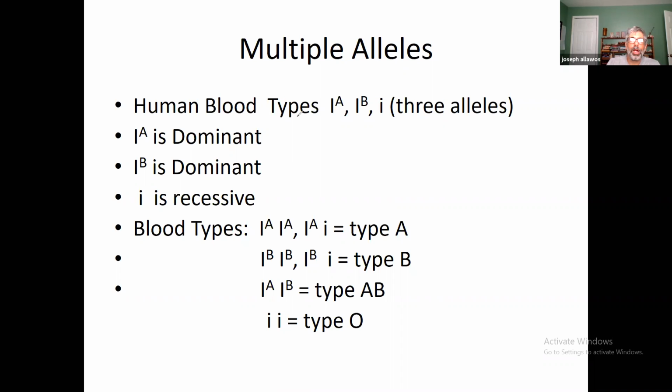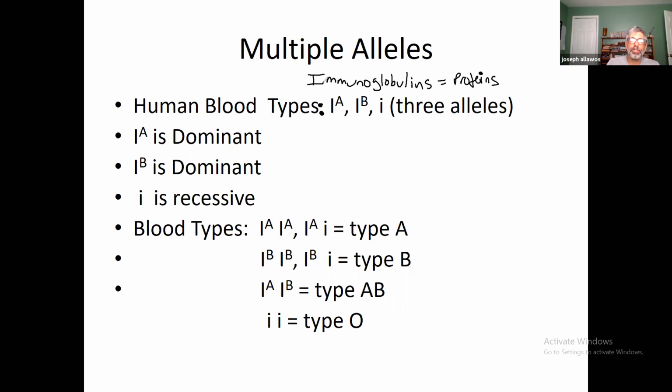Human blood type is probably the greatest example of that I can think of, where there are 3 alleles. I'm just going to tell you the I stands for immunoglobulin. Immunoglobulins are proteins. And it turns out there are 2 dominant alleles.